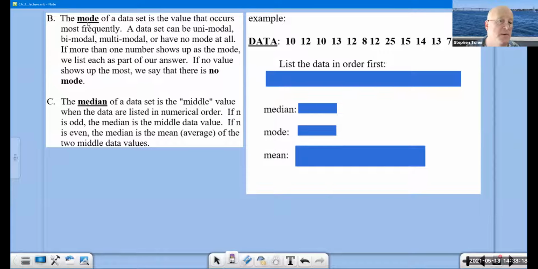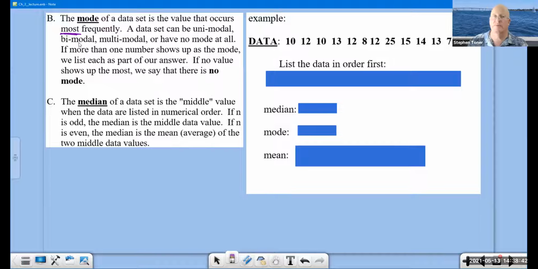So I'm going to move on to the second measure of centrality, which is the mode. It is the data value that shows up the most. Notice that mode and most both start with MO. Now, a data set can be unimodal, meaning it has only one number that shows up the most. Bimodal, meaning it has two numbers that equally show up the most.